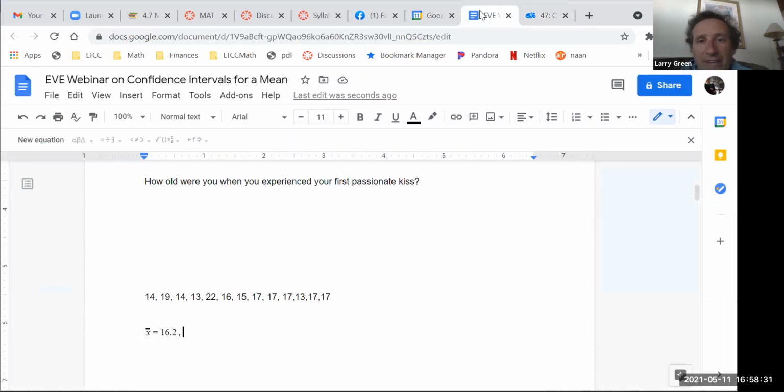What symbol is the standard deviation? Hint is that's easy to type. You could write SD, but for this one you don't need to write SD. What's the symbol we use? It's a single letter. Simple. It's S. So very important you get down the symbols. The sample mean is X bar. The sample standard deviation is S.